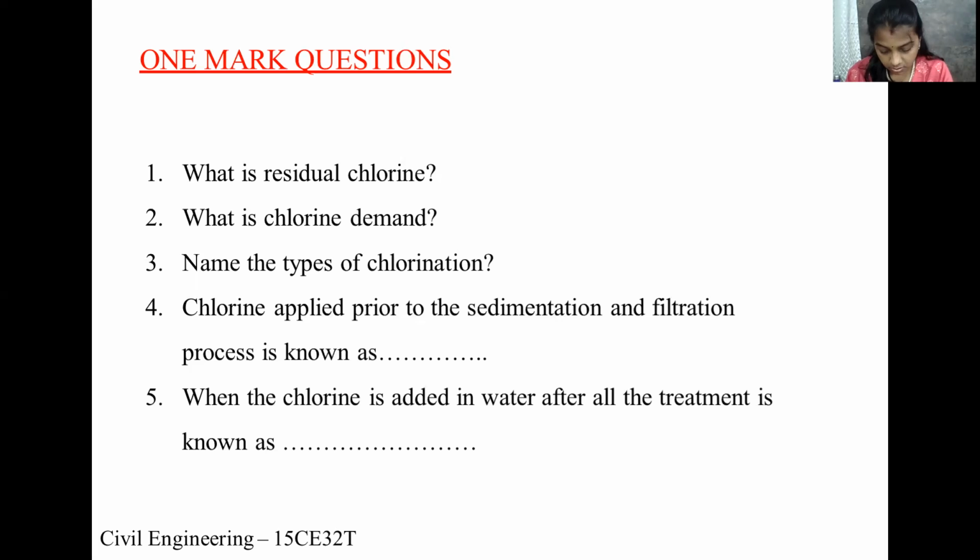So I hope the students will recall all these points until we come up with the next session, session number 29. Just now I told you I'll deal with some problems regarding the dosage of chlorine and bleaching powder and dosage of alum. That's it. That's all for the class.